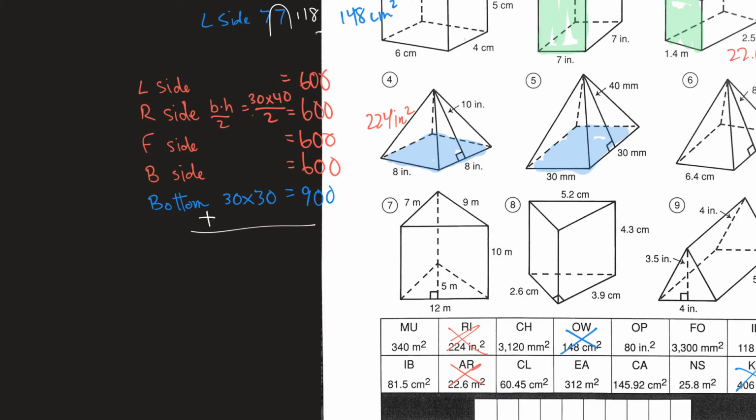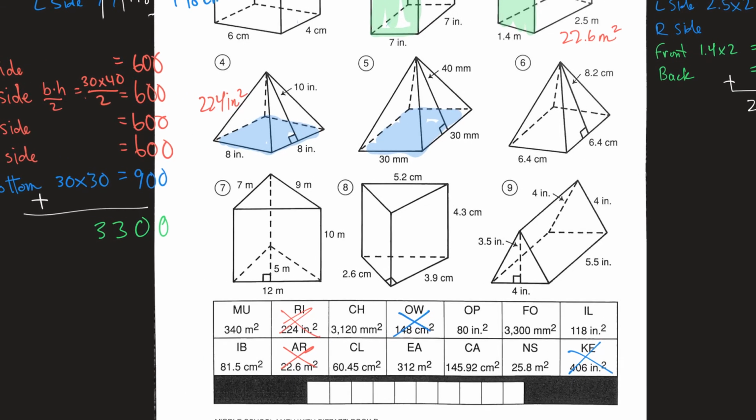Now let's add up all these numbers here. I'll do this in green. So it's 0, 0, 6 times 4 is 24. 24 plus 9 is 33. So I'm hoping 3300 is one of our numbers. And it is. It's right here. So I will mark that off.